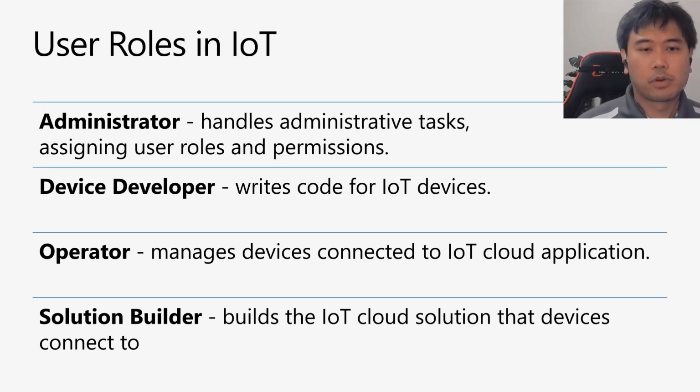So the device developer is responsible for those updates, and then the operators are the ones who manage the devices that are connected into your Internet of Things application. They typically are the ones who monitor what's going on. I mean, part of the operational technology, right?